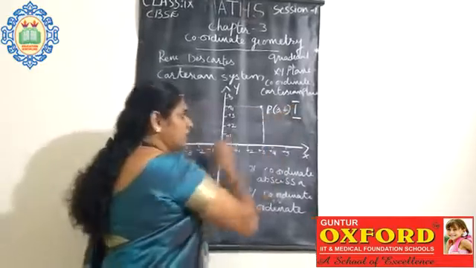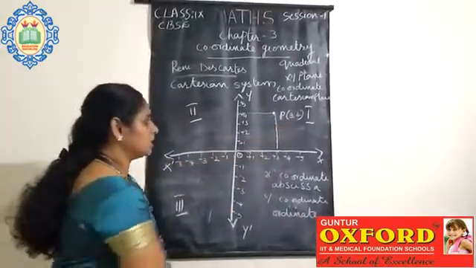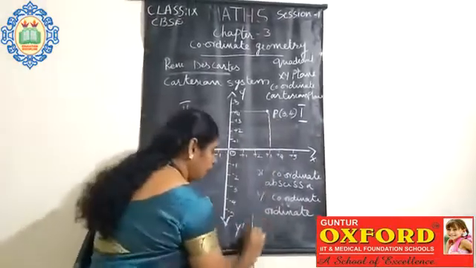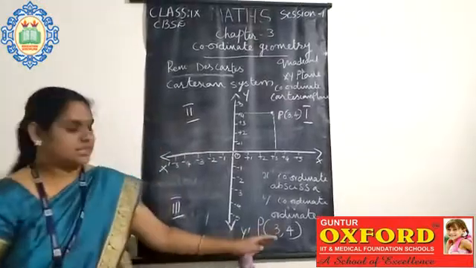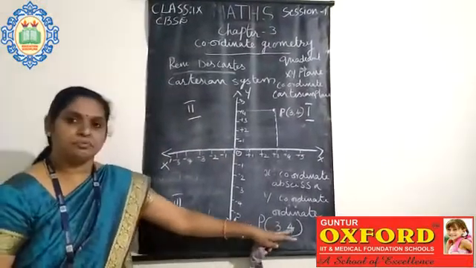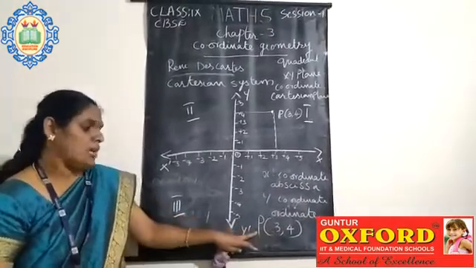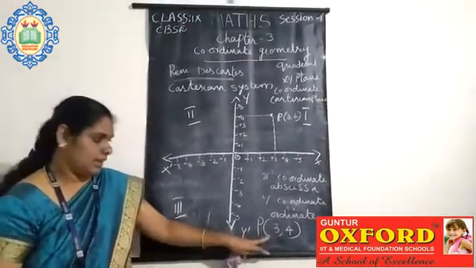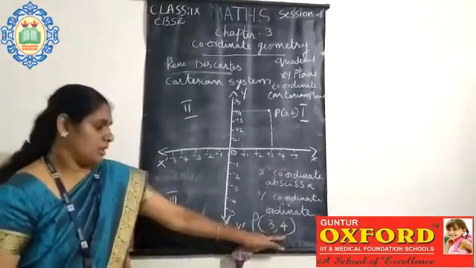Then the coordinate of P is (3, 4). We write it as the point (3, 4). 3 is the x-coordinate, otherwise the abscissa of point P. The y-coordinate is 4, that is the ordinate.